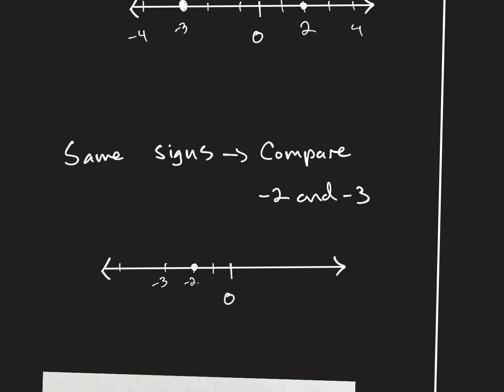We plot those points there, and -2 is closer to zero than -3. So we would have -2 is greater than -3, and we are done with these. So when we have both negatives, whichever one is closer to zero is the greater one.